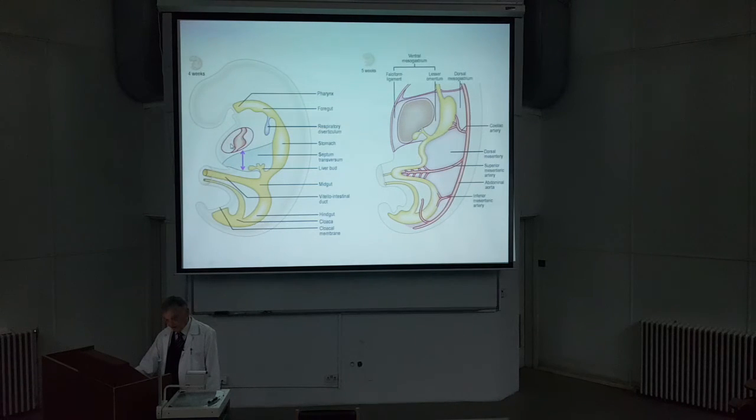Above it is the heart, and the lower margin is the point of entry of the bile duct into the duodenum. The stomach is going to have a ventral mesentery because of the septum transversum. The falciform ligament, which is a ventral part of the peritoneum, is going to be here.